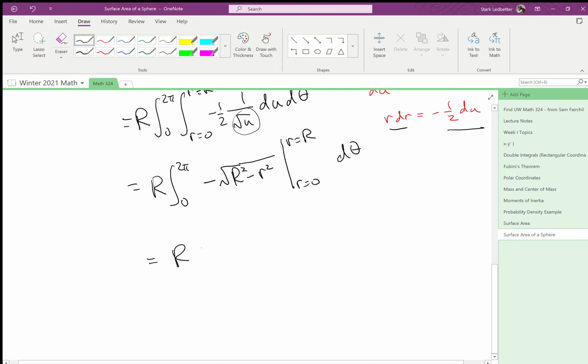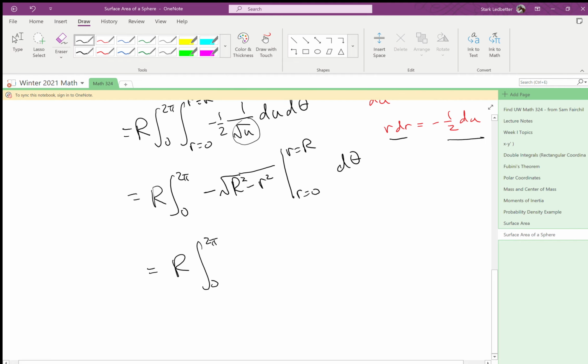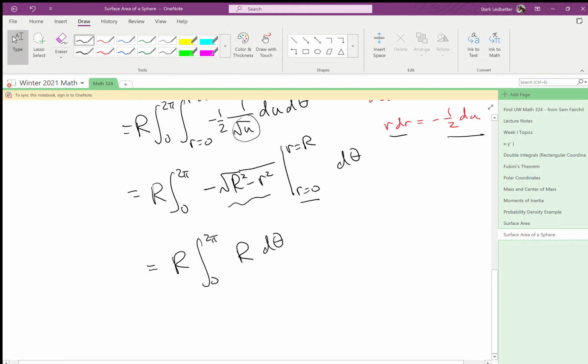Okay, so that's big R, integral from 0 to 2 pi. Plugging in big R, I get 0. Plugging in 0 for little r, I get negative root of big R squared, which is negative big R, but I'm subtracting because it's the bottom bound of the integral. So I end up with actually a positive big R d theta.